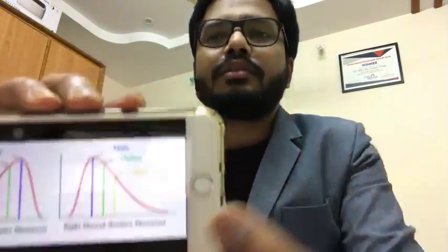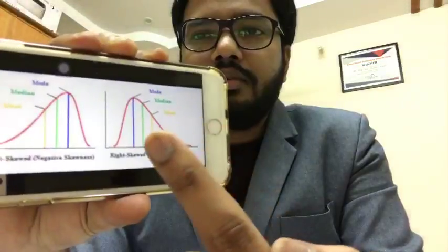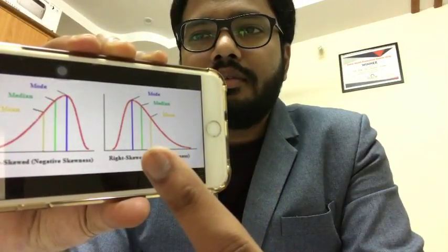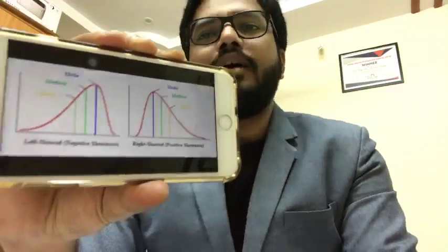If you remember this image, the mean is greater than median and mode. Yeah, so this is a positive distribution, right? Positively skewed, also called right skewed. Bingo.